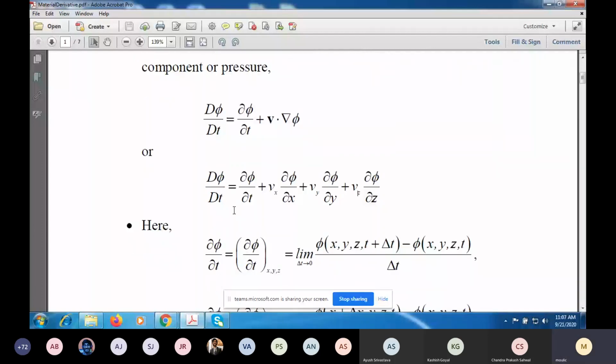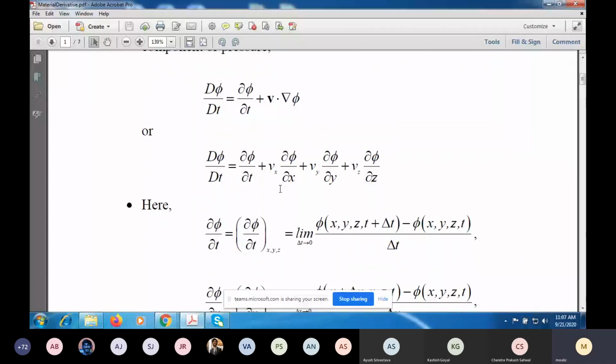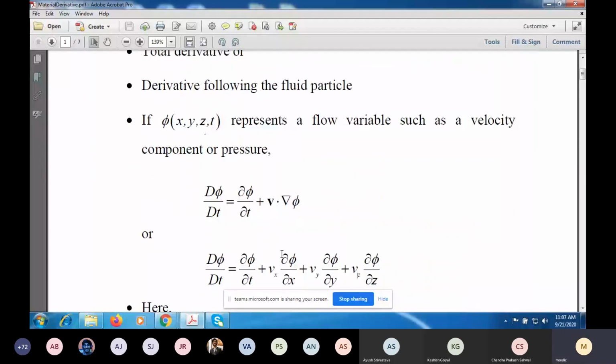So by definition, del phi del t is the partial derivative keeping x, y, z fixed. So if you go back and look at this function, it's a function of four arguments, x, y, z, and t. So when you take a partial derivative with respect to one of the variables, the other three have to be kept constant.